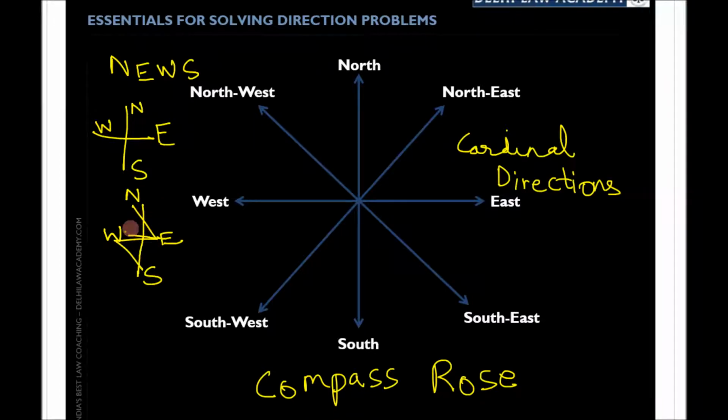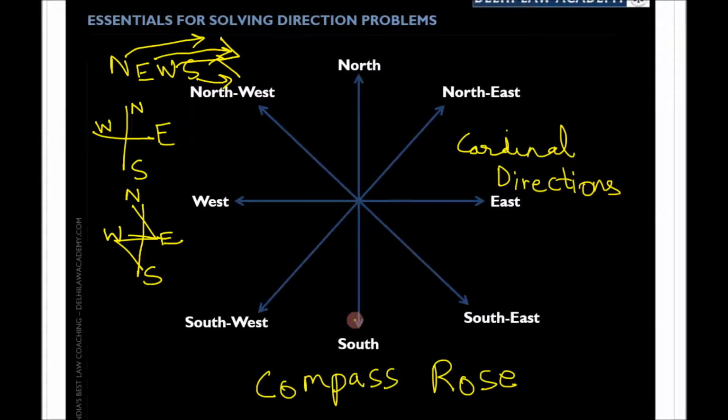The diagram is a bit confusing, but all you have to do is remember news and the lightning bolt. The lightning bolt tells you where to place N, where to place E, and W, and S. So once you have that, you know that north is on the top, east is to the right, west is to the left, south is at the bottom.